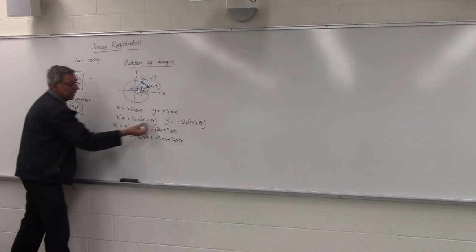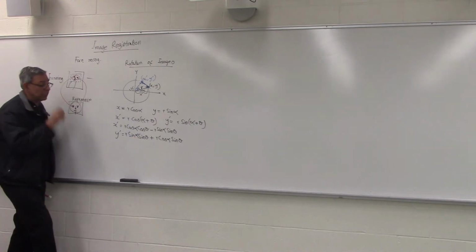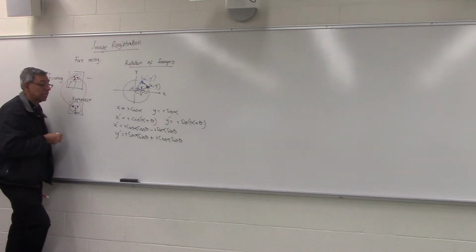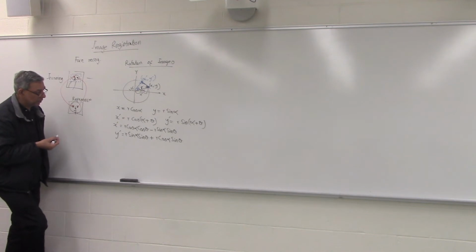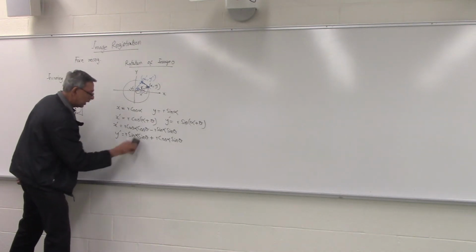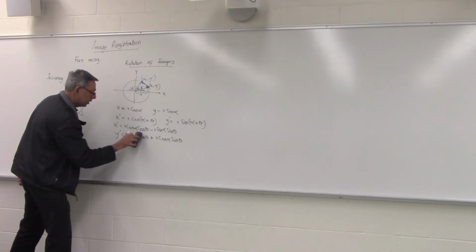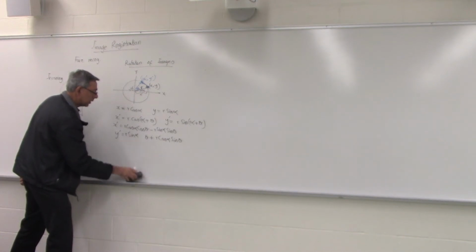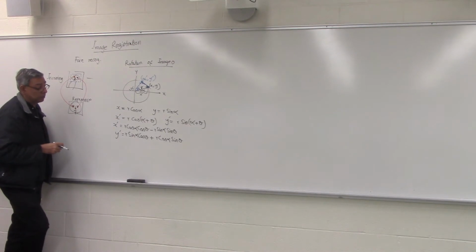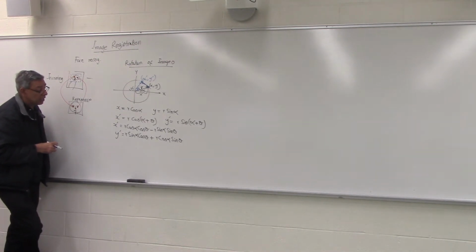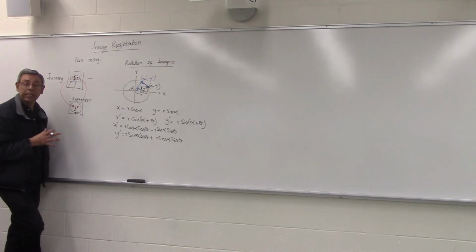All I did is a trigonometric expansion of cosine of alpha plus theta and sine of alpha plus theta. I think, Professor, it should be sine cos here. Yeah, I was just looking on Google. Sine and cosine, thank you. So sine alpha cosine theta plus cosine alpha sine theta, right?